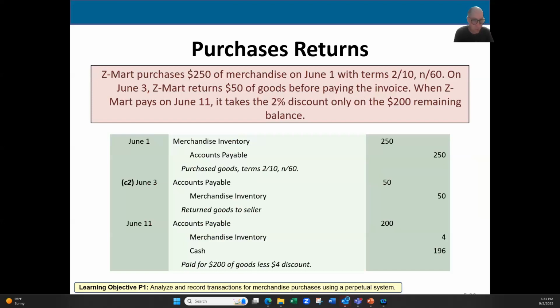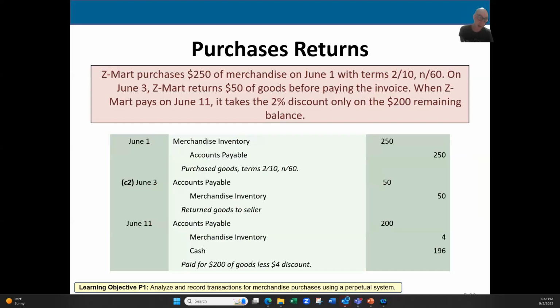June 3rd, we realized, hey, we got some broken stuff here. We got $50 worth of broken goods. We need to send this back. Or we just say, oh, we bought too much, we'll send some back, whatever. So we send $50 worth of goods back to our vendor on June 3rd.